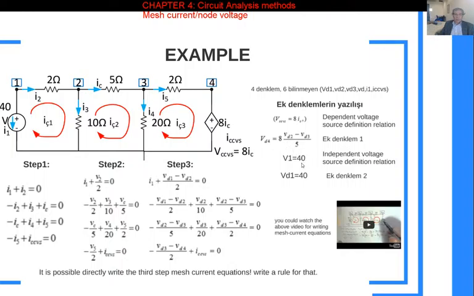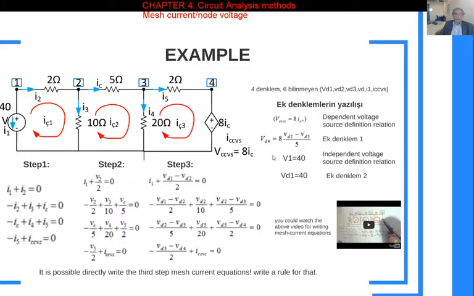Another supplementary equation I've got to write is for this independent voltage source. As already said, this is the definition relation of the independent voltage source. So I am going to transfer this to a supplementary equation. How? Since this is an element voltage, it can be written in terms of the node voltages.